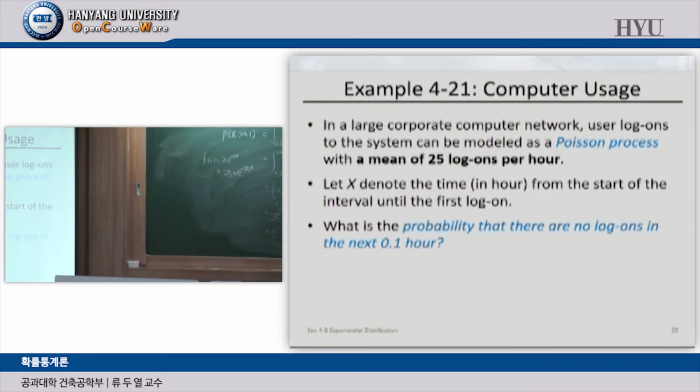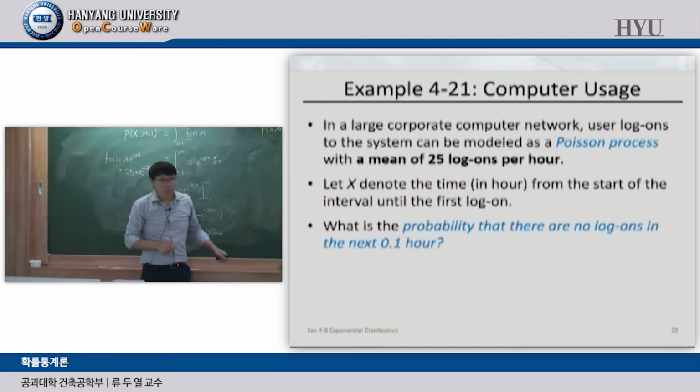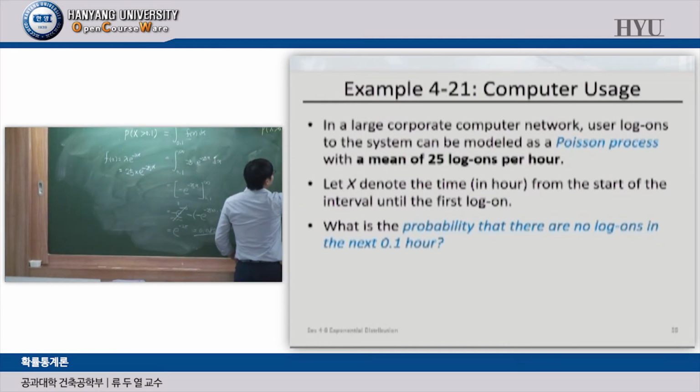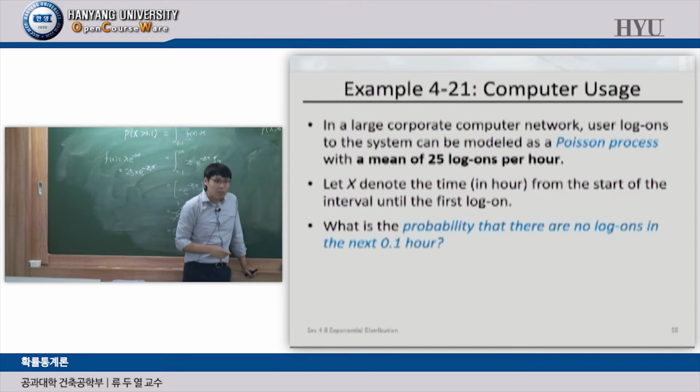We can also calculate this in a different way. The probability of x larger than 0.1 is equal to 1 minus the probability of x smaller than or equal to 0.1, right? And this will be 1 minus the cumulative distribution function F(0.1).